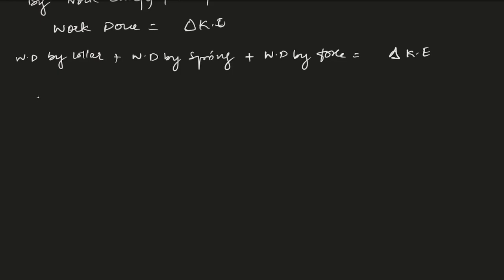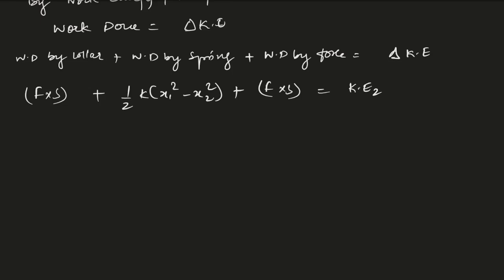Now the work done formula is force into displacement, or distance covered. The work done by the spring is half into k into x1 square minus x2 square, and similarly the work done by the force is also force into displacement, equal to 2 minus 1.